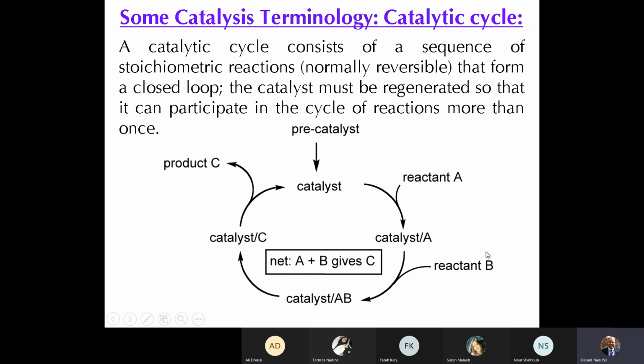The reactant A and reactant B are added in the catalytic cycle most at the beginning or in the middle. And the mechanism or the step proposed is always oxidative addition or ligand addition. So oxidative addition is always at the beginning, reductive elimination is always at the end.